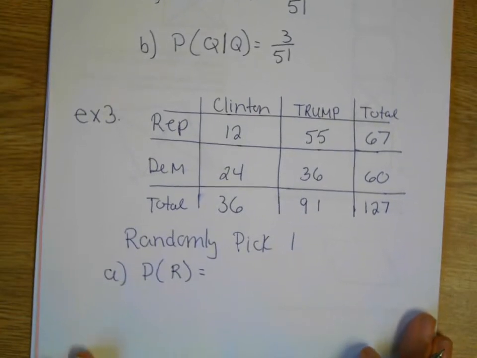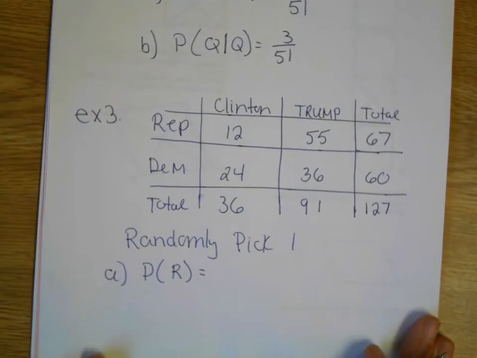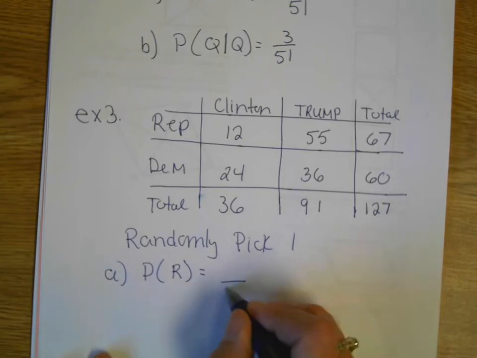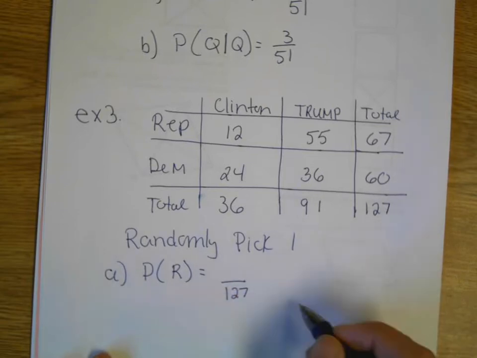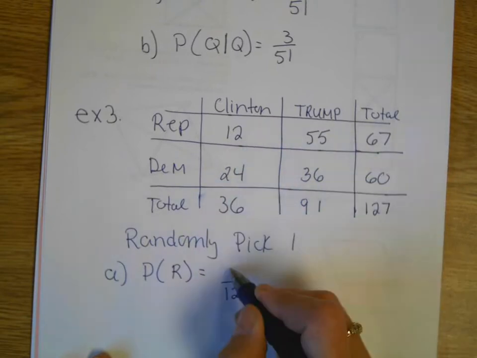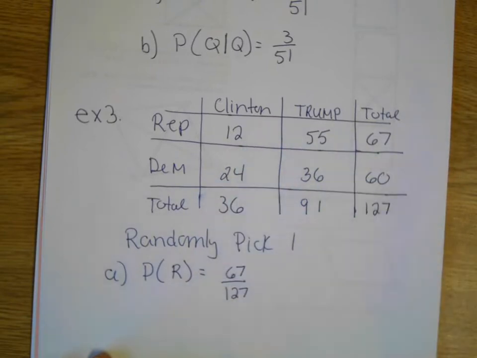So the first thing you need to ask yourself is, what's my sample space? How many people are we picking from? 127. How many were Republican? 67 total. So it's 67 out of 127.